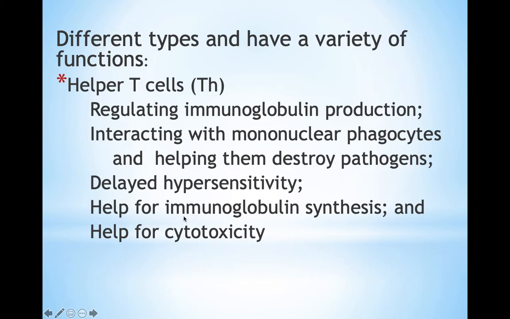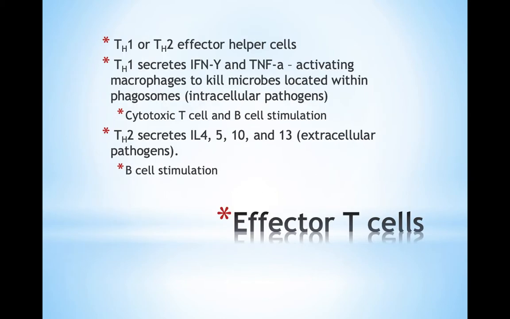Okay, so now we are going to proceed with our discussion about effector T cells. So, two types of helper T cells. These two types of helper T cells are functionally distinct.